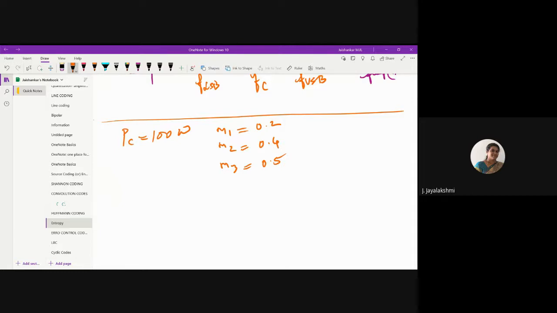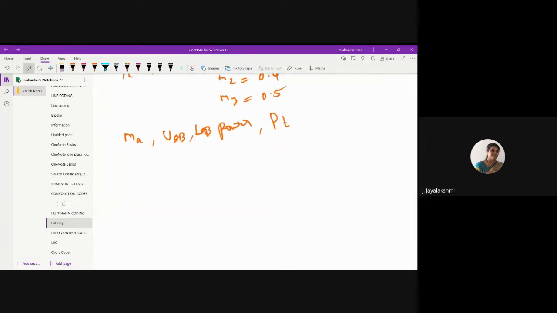We have to find the total modulation coefficient, as usual the upper and lower sideband powers, and the total transmitted power.